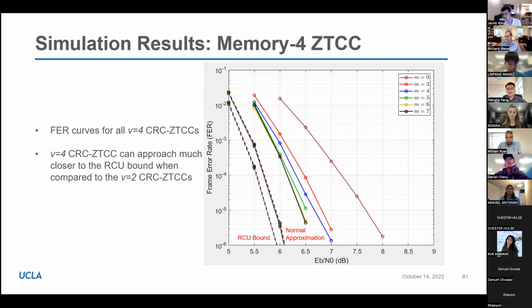Yeah, if you want to keep equivalent code word lengths, if you increase V, you do have to reduce M for zero terminated. Tail biting doesn't have this problem, which is, I think, a large reason why tail biting does so much better than zero terminated. This paper focused on zero terminated because that was the framework I had at the time for finding optimal CRCs.